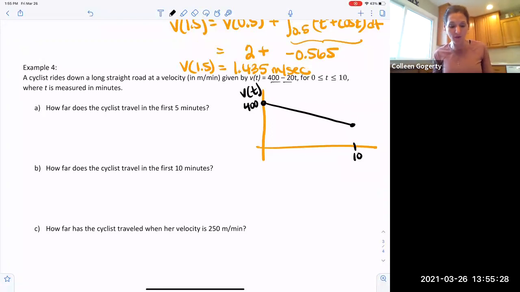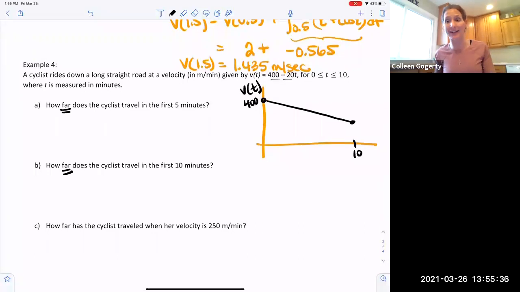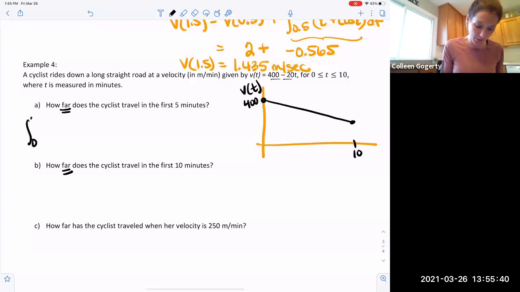Okay, so how far does the cyclist travel in the first 5 minutes? Notice it's saying how far. This is really important for you all to recognize that it doesn't say displacement. So specifically in this problem, we would need the absolute value of the velocity.